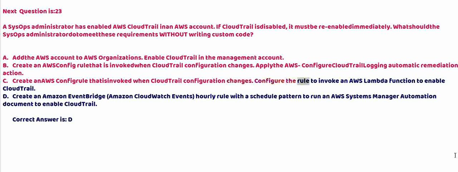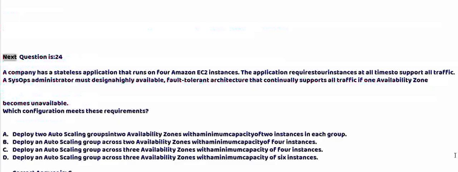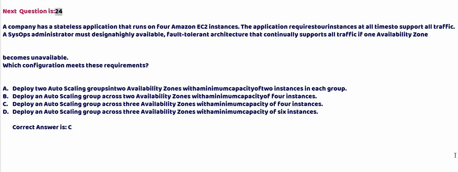Configure the rule to invoke an AWS Lambda function to enable CloudTrail. D. Create an Amazon EventBridge, Amazon CloudWatch Events, hourly rule with a schedule pattern to run an AWS Systems Manager automation document to enable CloudTrail. Correct answer is D.